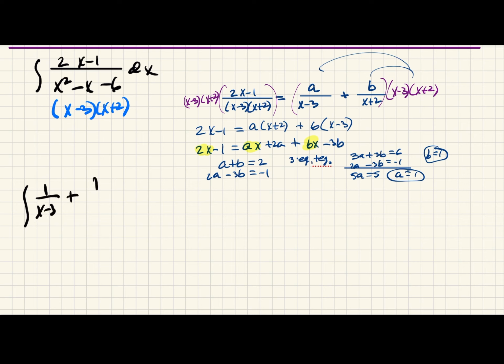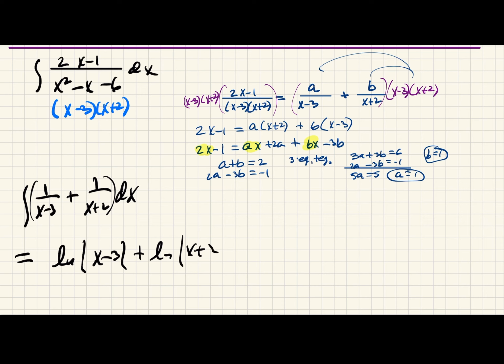B was 1, that's 1 over x plus 2 dx. I'm in the same boat, aren't I? These u substitutions are really simple at this point. U is x minus 3 in the first one. Du is just dx. U is x plus 2 in the second one. Du is just dx. So all I have is the natural log of x minus 3 plus the natural log of x plus 2 plus c.